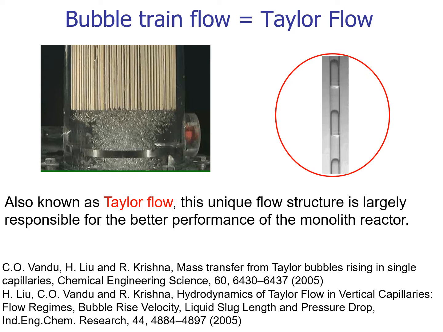And this is a unique flow structure that is responsible for the superior performance of the monolith reactor. I point you towards these references that give further details of the hydrodynamics and mass transfer in Taylor flow.